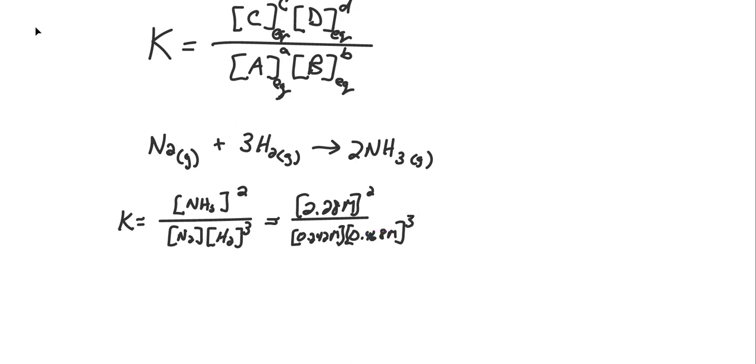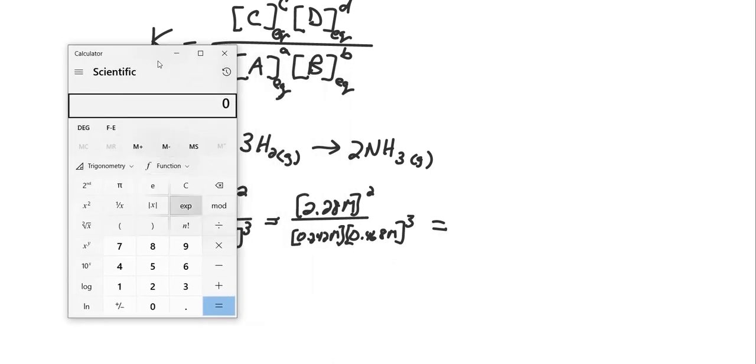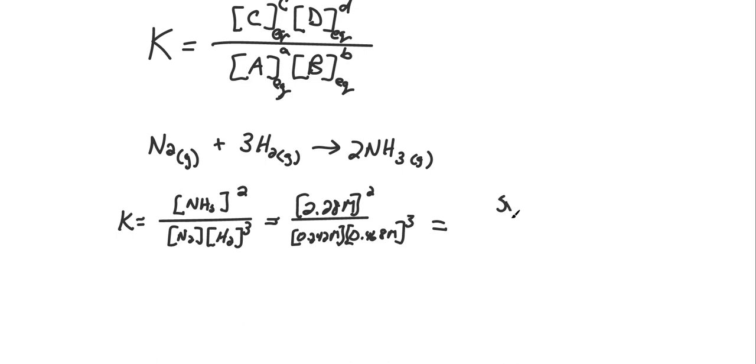Okay, so if we calculate this out, let's pull up our calculator. So if we take our 2.28 times itself, or squared, we're going to get 5.2 if we round.